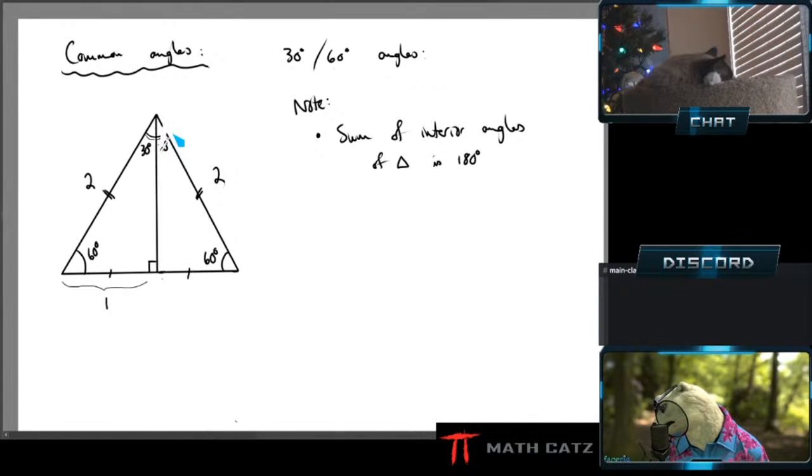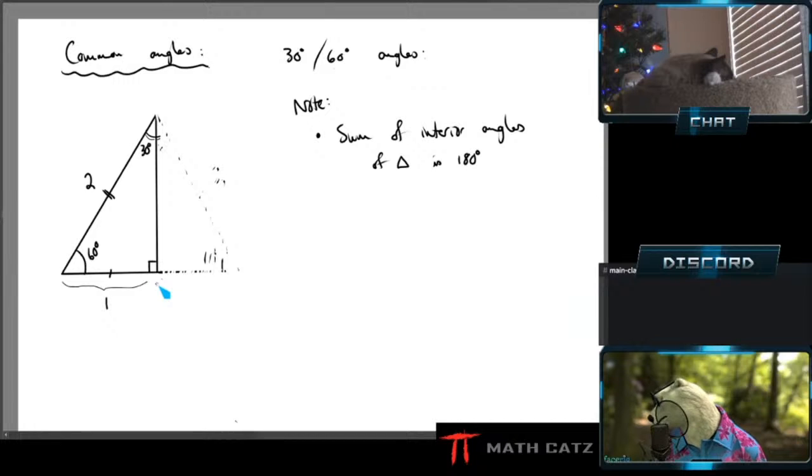Then when I erase this, I have a triangle that has easy side lengths to work with. I know I'm not erasing it very well, but it's done on purpose. So this triangle has a hypotenuse of side 2, whatever units I don't care.